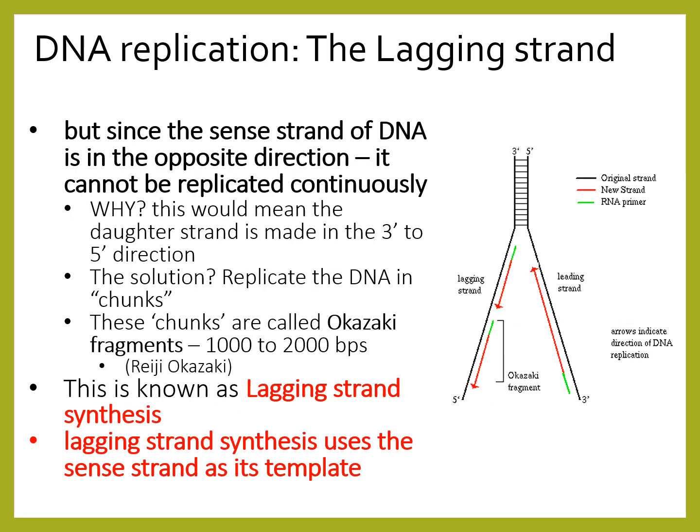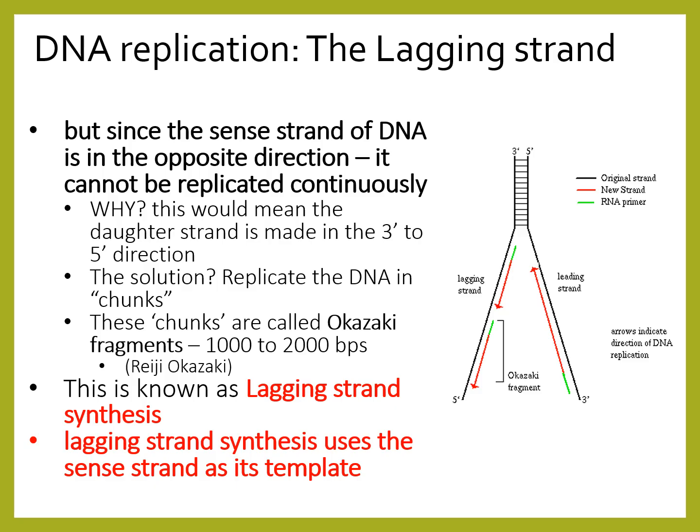Your partner's DNA strand, your partner's zip line, is in the wrong orientation. It is in the 5' to 3' direction, and it cannot be replicated continuously. As I said in the previous slide, your partner has to take a stretch of their DNA template, flip it, and then zip down it. This was first discovered by a gentleman named Reiji Okazaki, who studied this strand synthesis and discovered it was done in chunks.